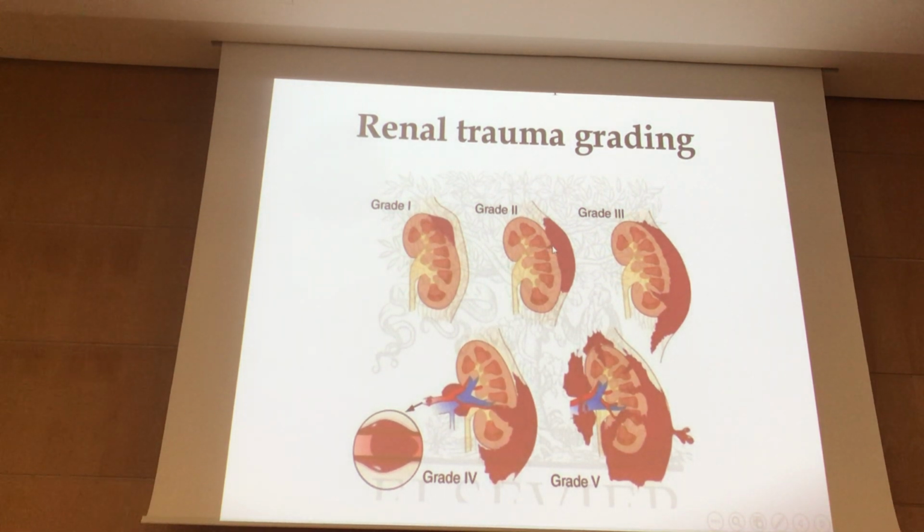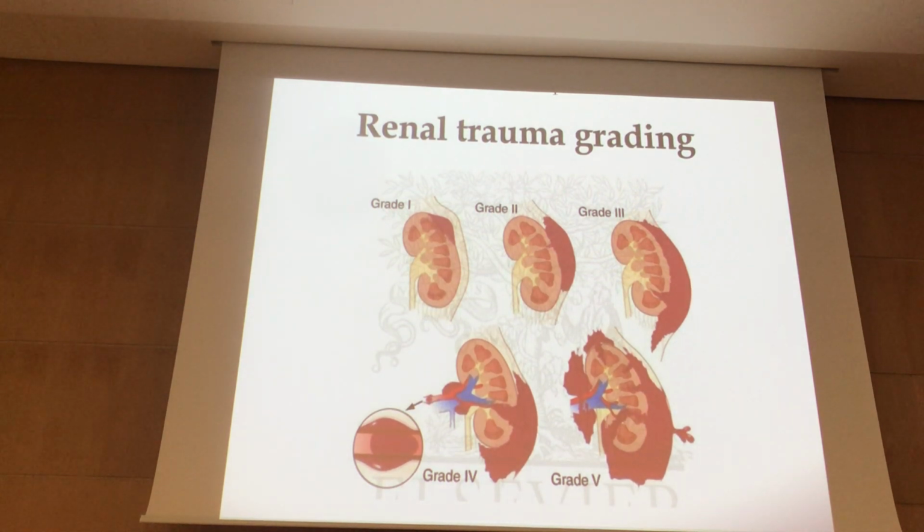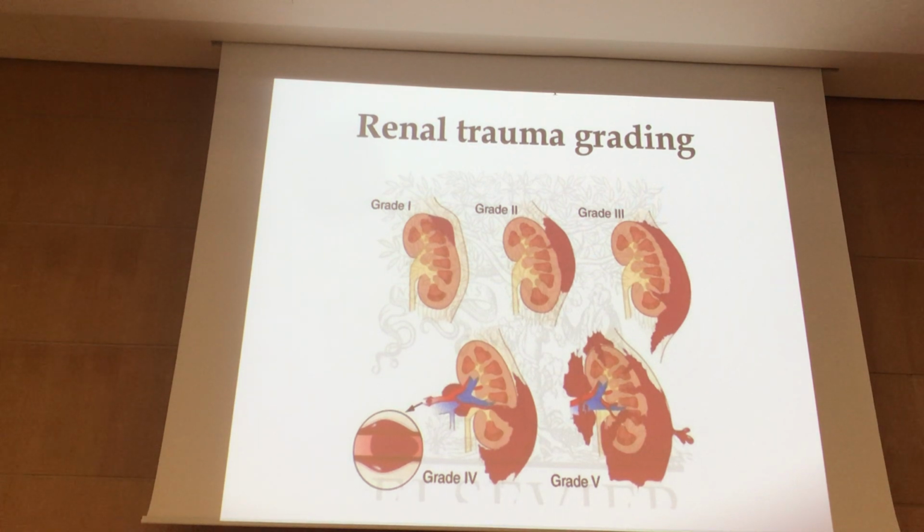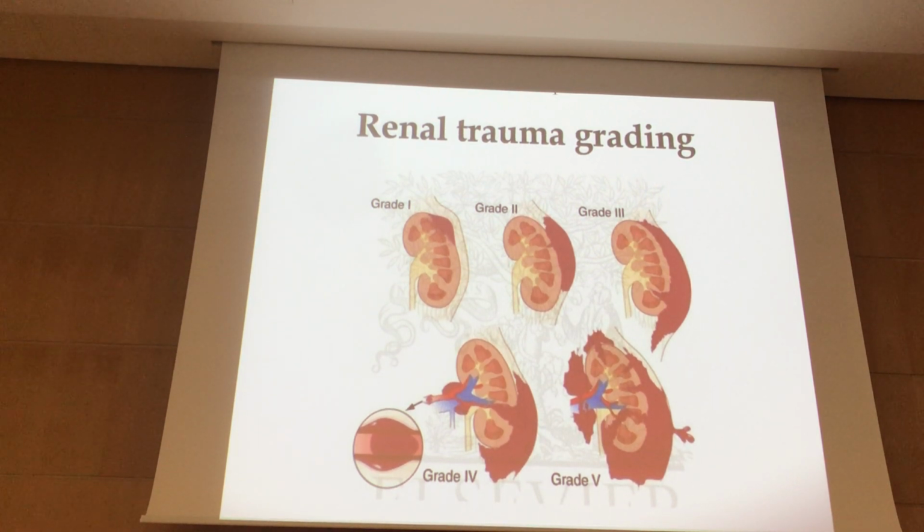So the first three conditions, where you have subcapsular hematoma, laceration of 1 centimeter, or a laceration of more than 1 centimeter, in these first 3 grades you don't do anything. Safe patients. You just observe them. But if you have a shattered kidney like this, grade 5, or a kidney where there's extravasation of urine, or an injury to the minor vessel but he's vitally stable, then you need to monitor them.